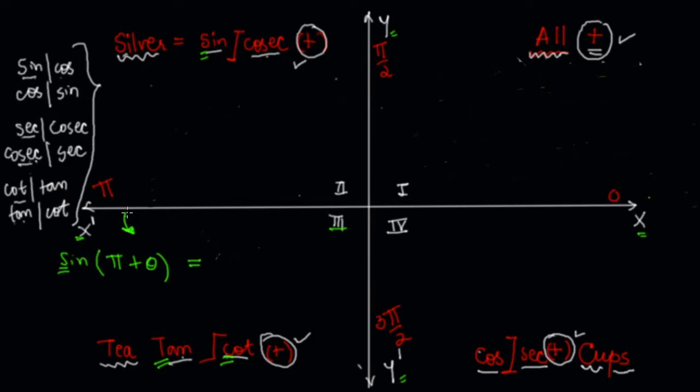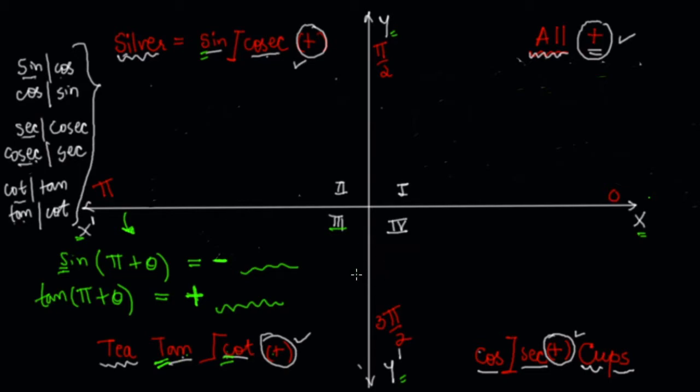Who should actually jump in the third quadrant to give you a positive sign as the answer? It should be either tan or cot. If sine jumps in the third quadrant, the answer is negative, whatever the answer is here, right? For example, if I would say what is tan of pi plus theta, the answer clearly is positive, whatever the answer is here, right? Because whenever tan jumps in the third quadrant, whatever answer you get here will always be positive.